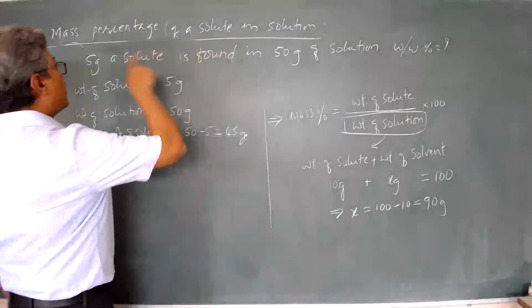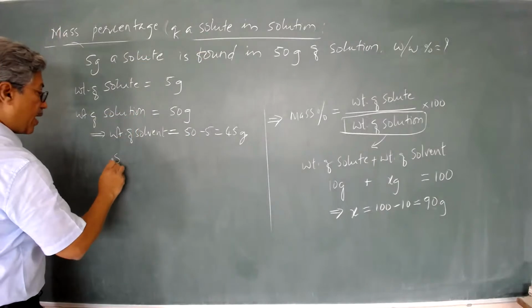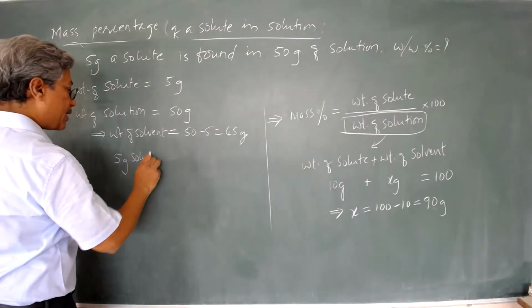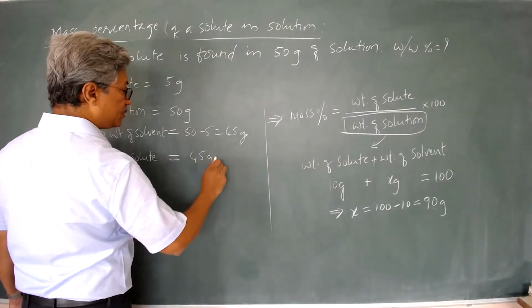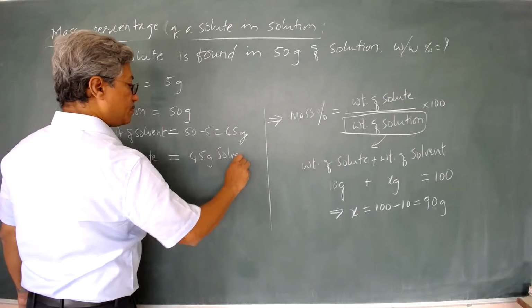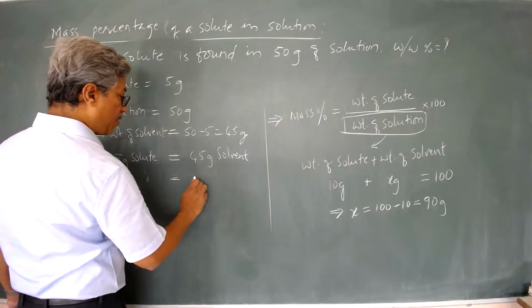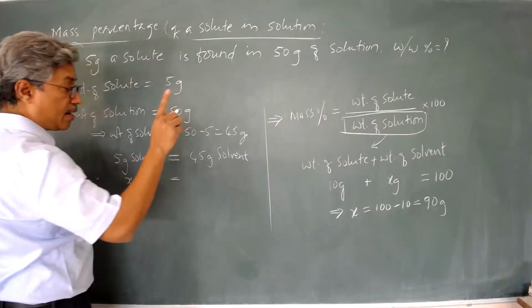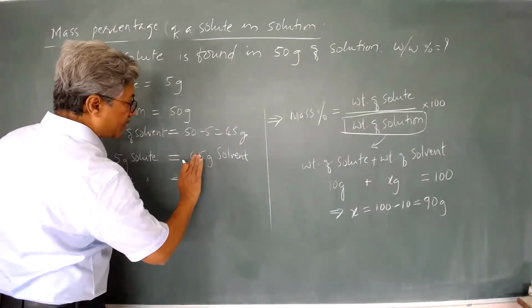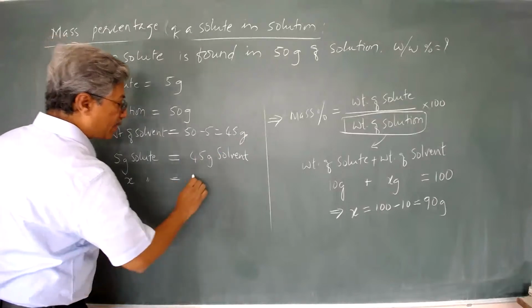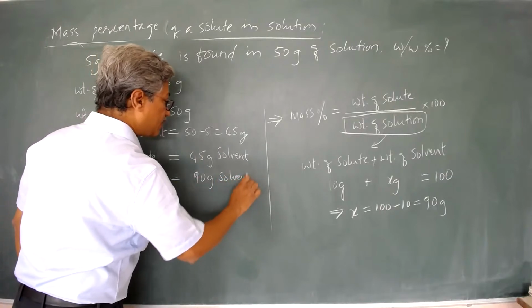Now it is for 100, no? That means 5 gram of solute is dissolved in 45 gram of solvent. Therefore, how much solute is dissolved when the total should be 100? Out of 100, this should be double, that means 90 gram of solvent.